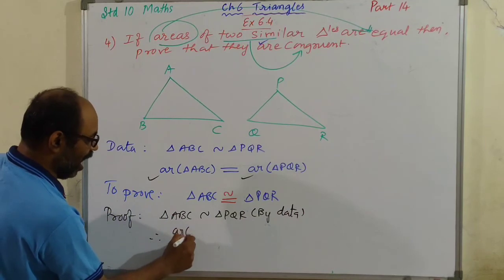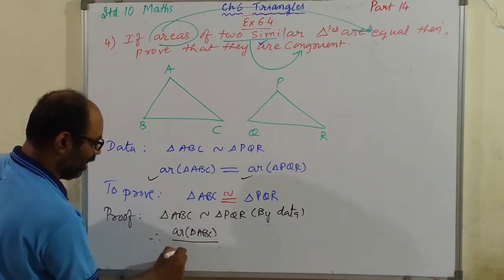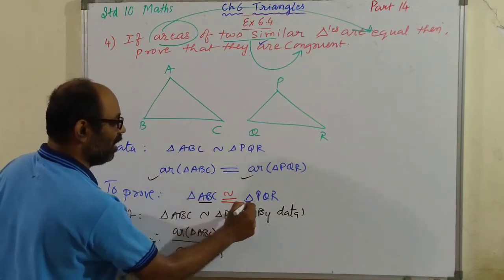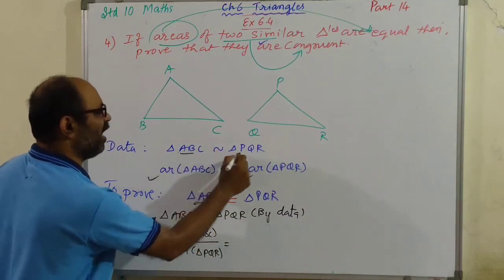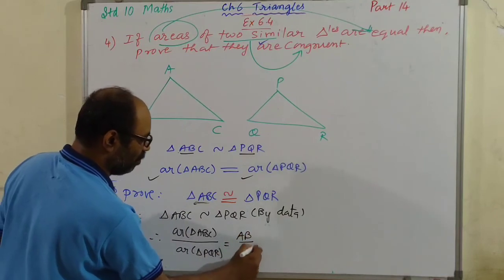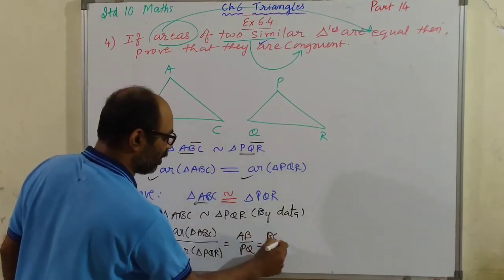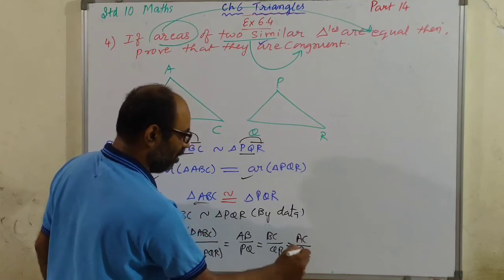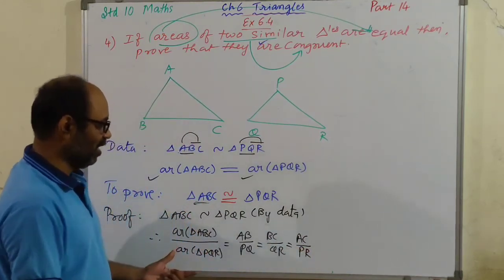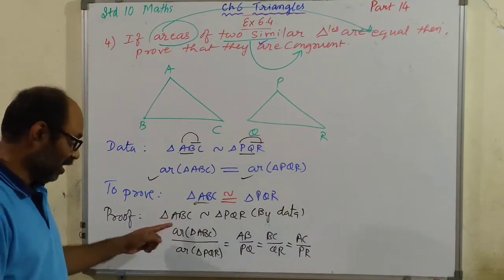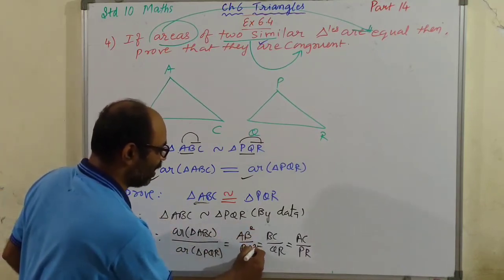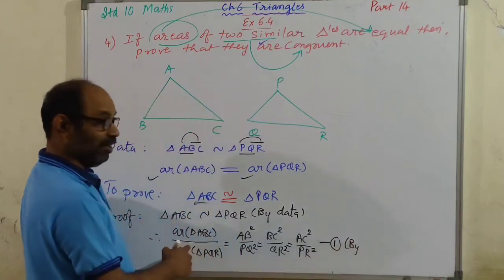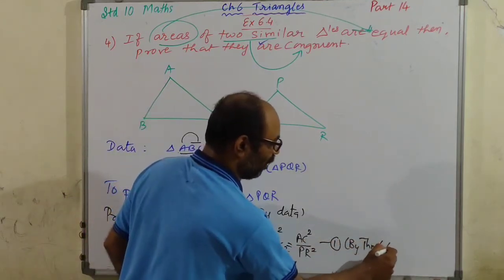Therefore, area of triangle ABC upon area of triangle PQR is equal to AB upon PQ whole square is equal to BC upon QR whole square is equal to AC upon PR whole square. Correct? Got it, children? That is wrong: in the ratio of areas there are squares. Call it result 1, by theorem 6.6.